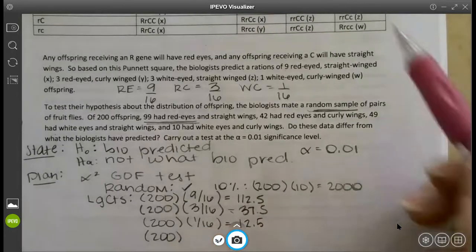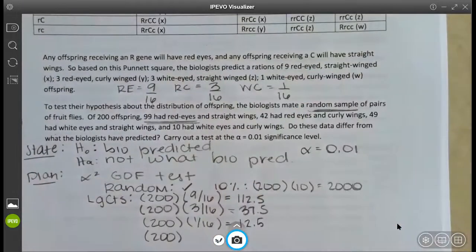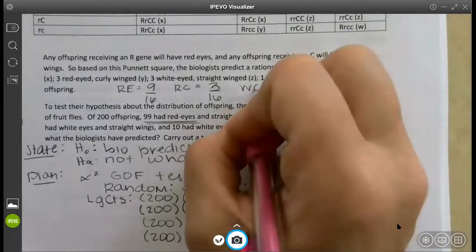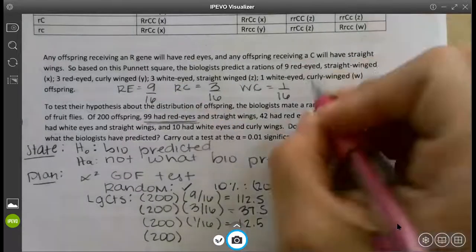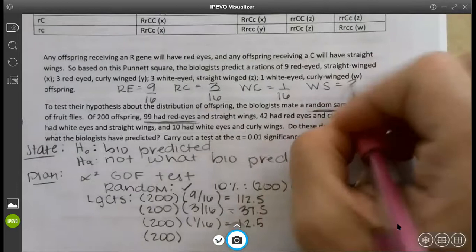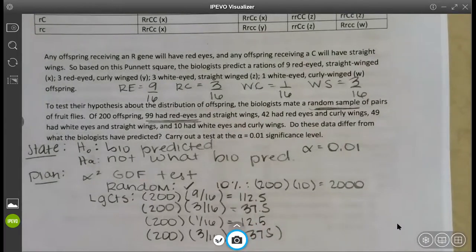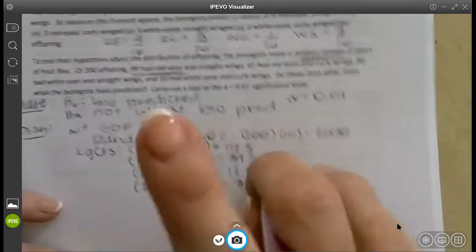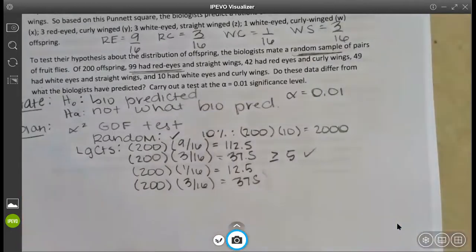And then our last offspring, white and straight, was 3 out of 16. Doesn't matter what order I put it in. I should have two 3 out of 16s. So are they all greater than 5? Yes.